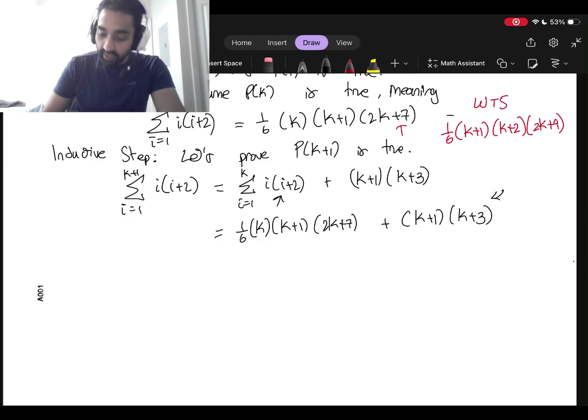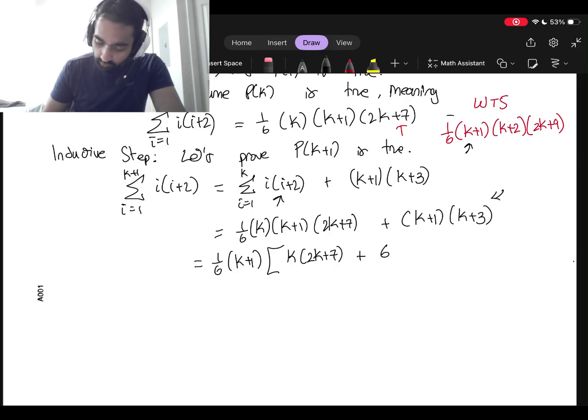So for example, I see in my answer here, there's a 1/6 k plus 1, and both of these have a k plus 1. So why don't I factor 1/6 k plus 1 out? It's equal to 1/6 times k plus 1, and now I'll use square brackets here. This first term will be k times 2k plus 7. And then here, I factored out 1/6, so I'd have to put back a 6, and then the k plus 1 will come out, and it'll just be 6 times k plus 3.